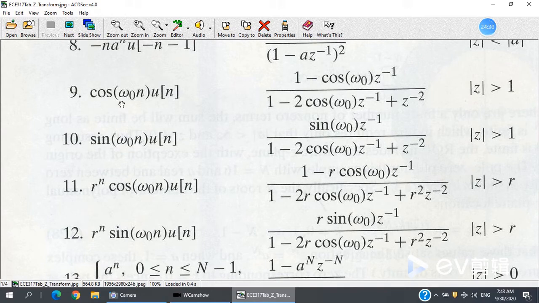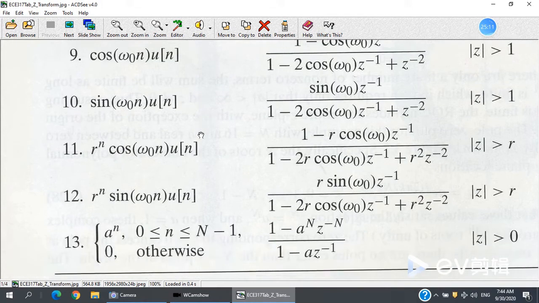After n goes to the positive side, starting from n equal to 0, you have a cosine. Similar with sine. Then the function is here. Both are the fraction of two polynomials in z to the negative 1. And this cosine of omega 0 is a constant because omega 0 is a given constant. So cosine is also constant, and sine is also constant.